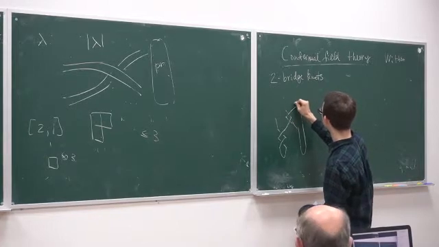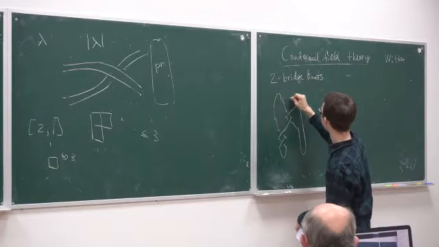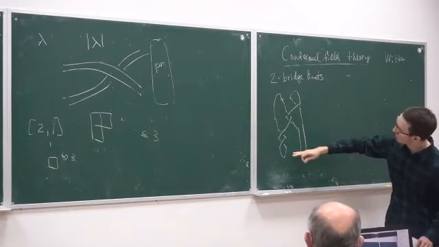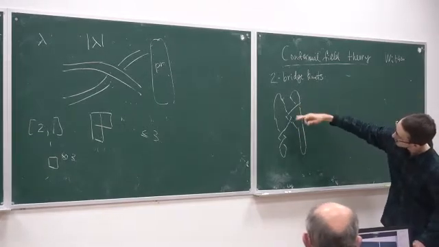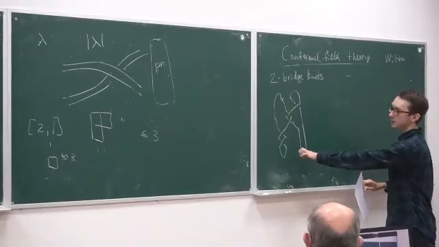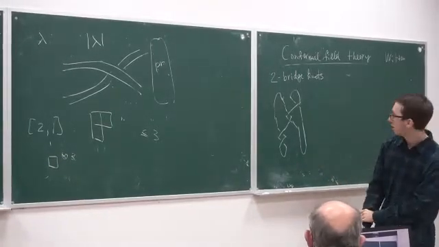Then again here. And then we close like this. So we go from the bottom, at each time we have 4 strands, and they are divided into 2 pairs of 2 strands.